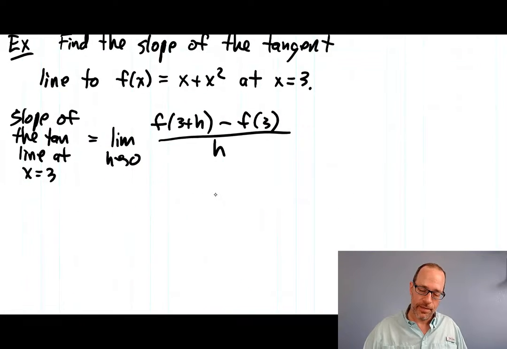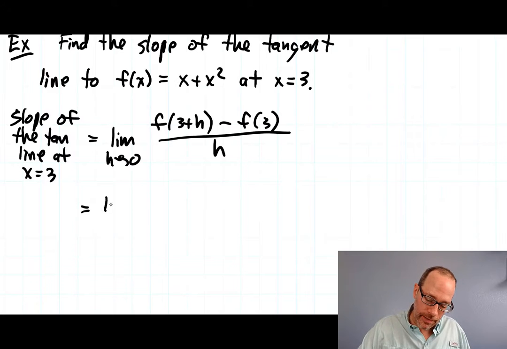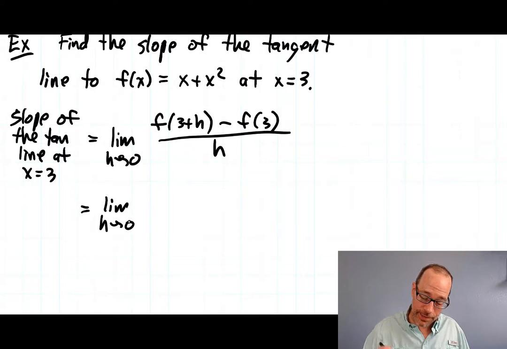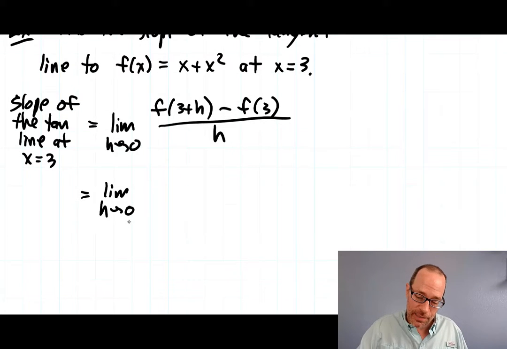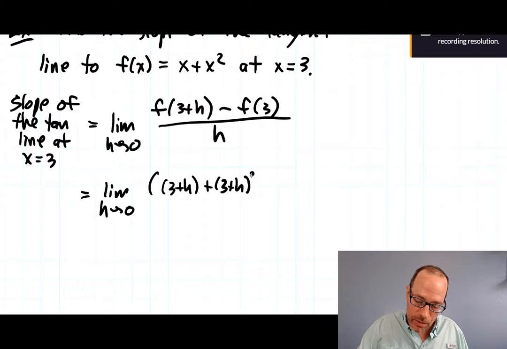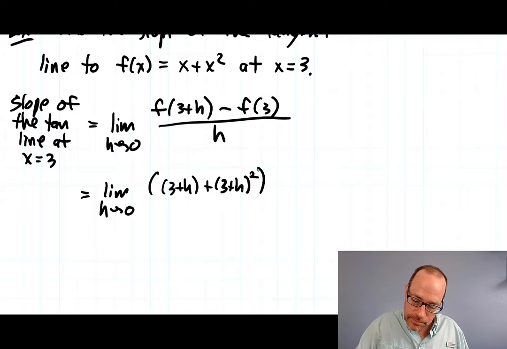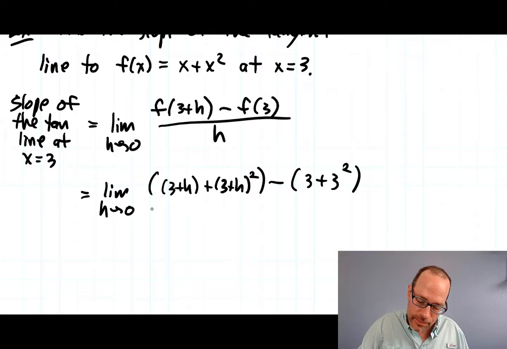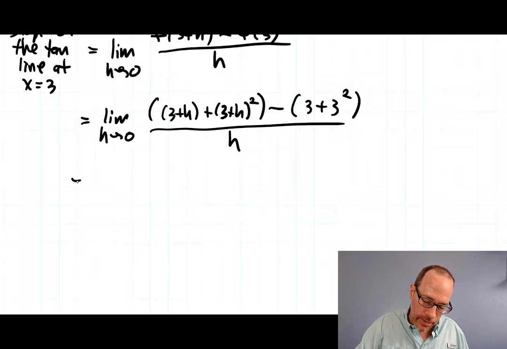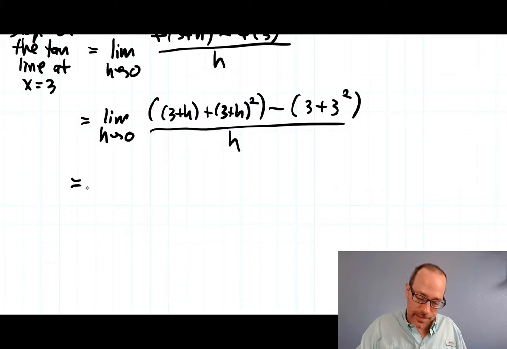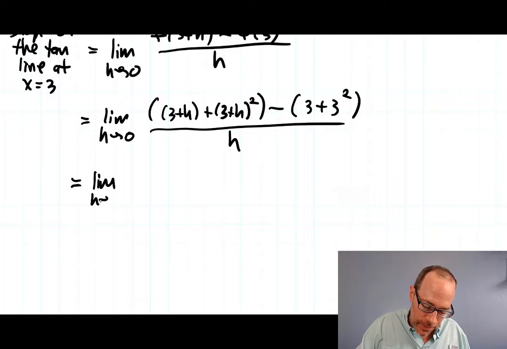Okay? Well, that is definitely too complicated to be able to see the answer. So let's plug in some stuff here. The function was x plus x squared, so it'll be 3 plus h plus (3 plus h) squared minus (3 plus 3 squared) all over h. All right, still too complicated. Let's do some simplification here.